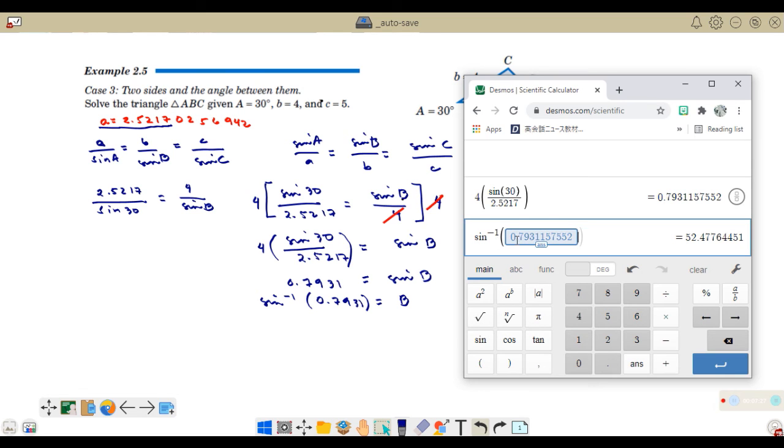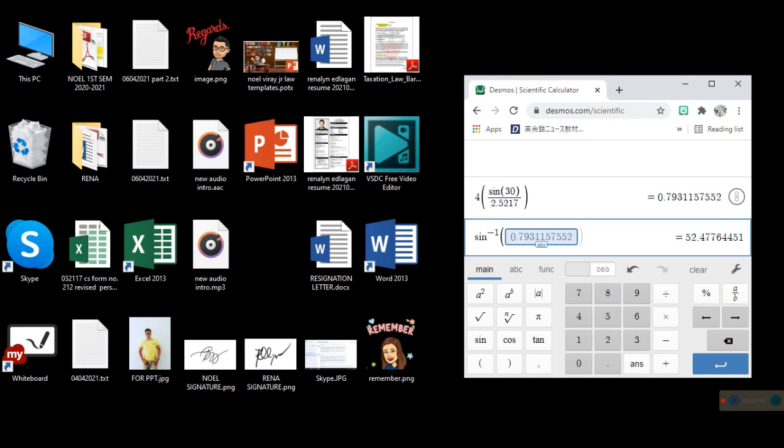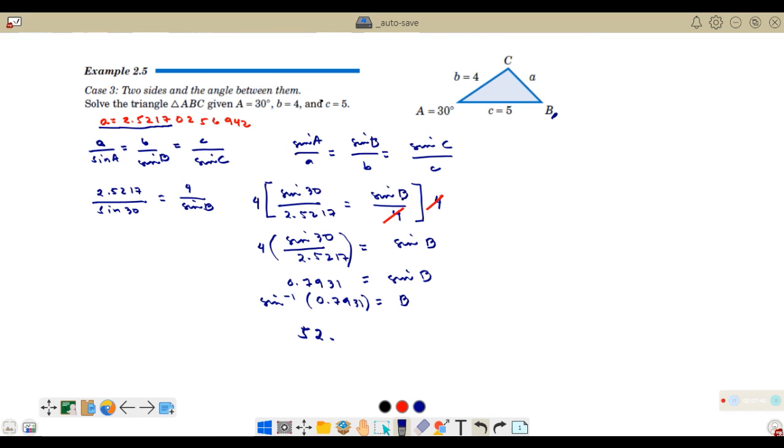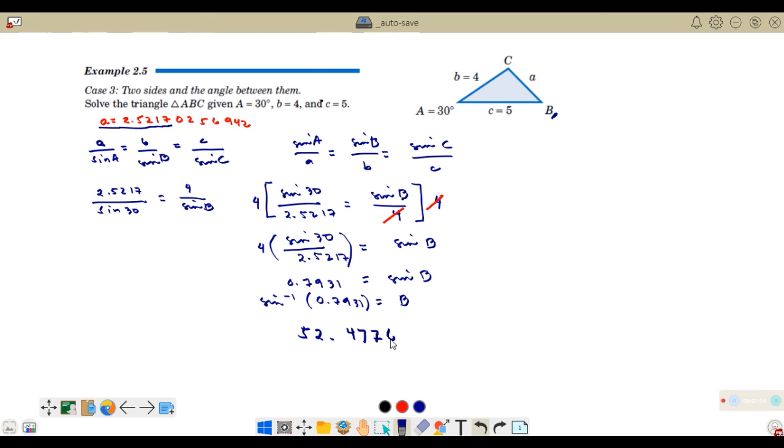So, arcsine of 0.7931157552 is approximately equal to 52.4776. There. This is the value of B. If you check your book, what is written in our book is 52.5.